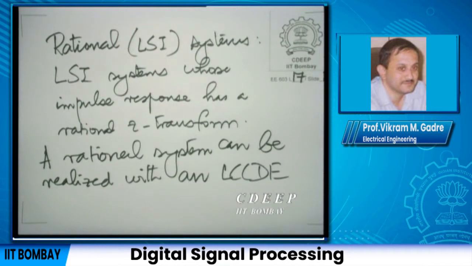And a linear constant coefficient difference equation can be translated into a hardware or a software structure. We saw that too, right? In fact, we saw a specific form of realization last time.